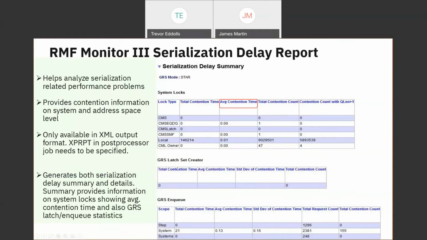I also have GRS information in here, and it shows me the delays and the total contention counts so that I can start to gain some insight into any serialization delays that I might be having. Okay, and these are post-processor reports in RMF, just to make clear that these are not online or live reports that we're looking at here as well.